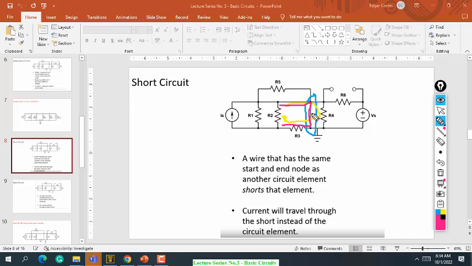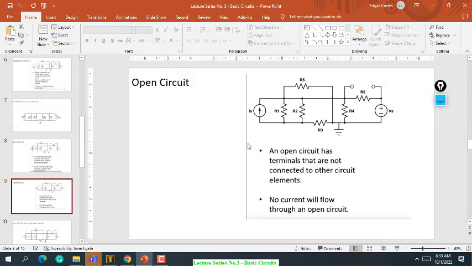And remember in our basic circuit analysis guidelines, we considered wire to have no resistance for easy analysis, no? So this is a short circuit. That is the concept of short circuit, class. I hope it's clear for everybody, no? So let's go to the next slide.